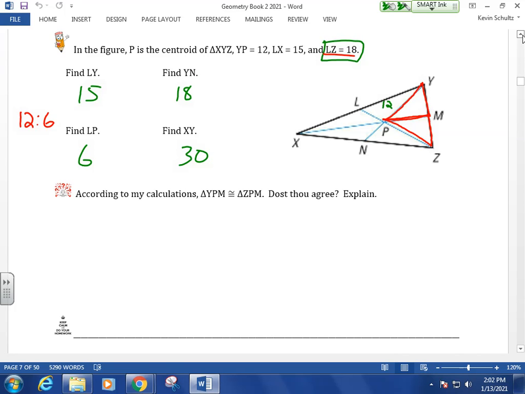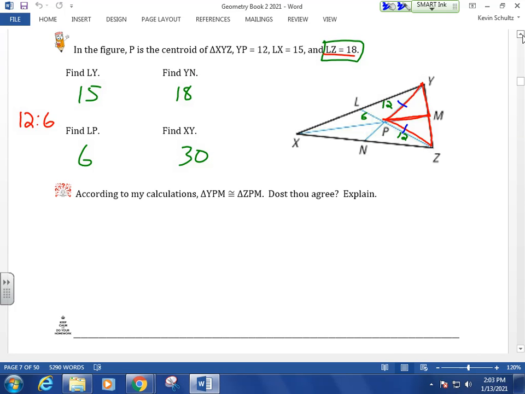Do you agree, and explain why or why not? Yes, because first of all, PZ is equivalent to PY. Okay, so knowing that LZ is 18, and we got LP to be 6, that means that PZ is 12, and so we have congruent sides here and here.